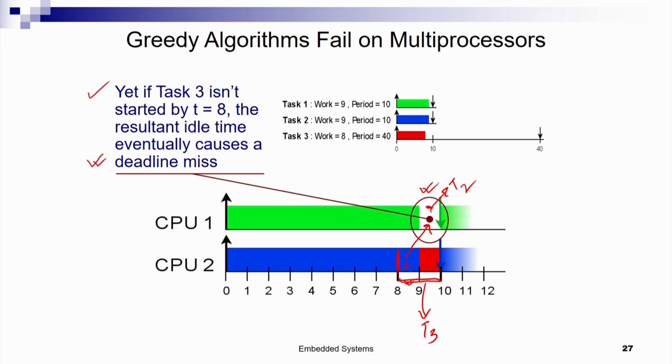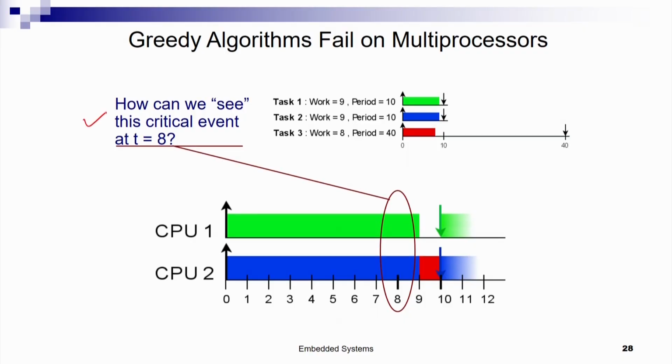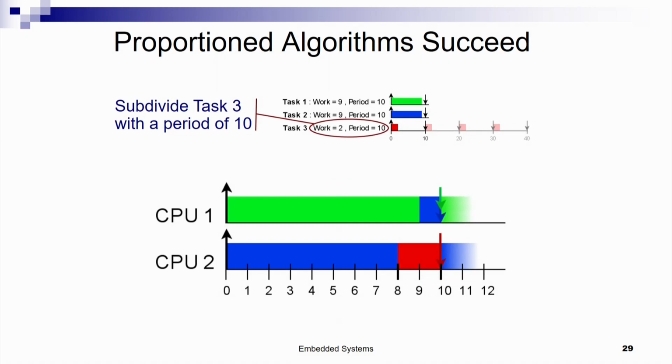So, how do we make the system understand this? How can we see this critical event at 8? What can we do? We can subdivide task 3 with a period of 10. If we subdivide task 3 with a period of 10, we see that every period of 10 it needs to do a work of 2 units.